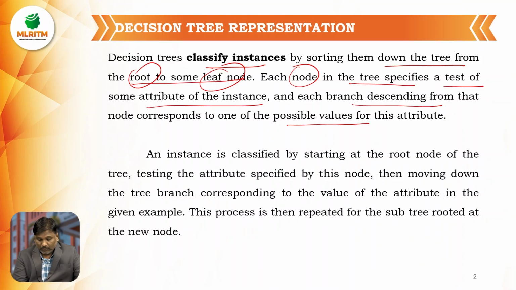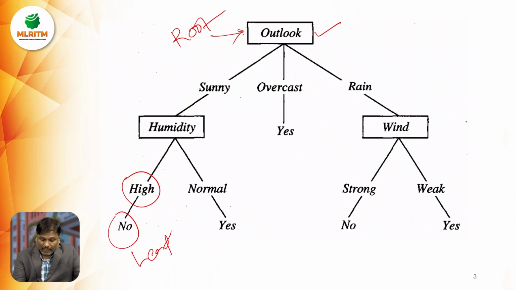So an instance is classified by starting at the root node of the tree, testing the attribute specified by this node, and then moving down the tree branch corresponding to the value of the attribute in the given example.